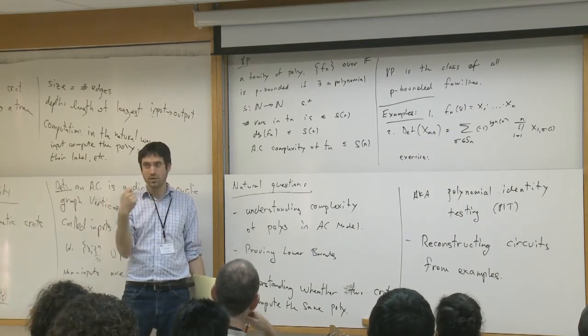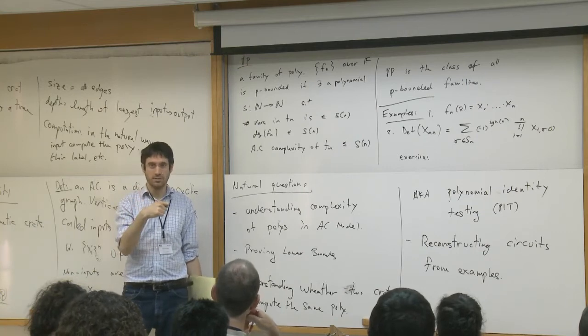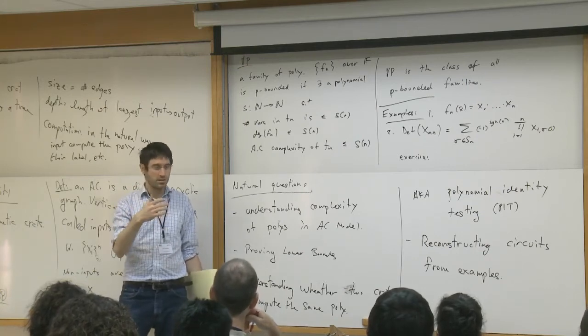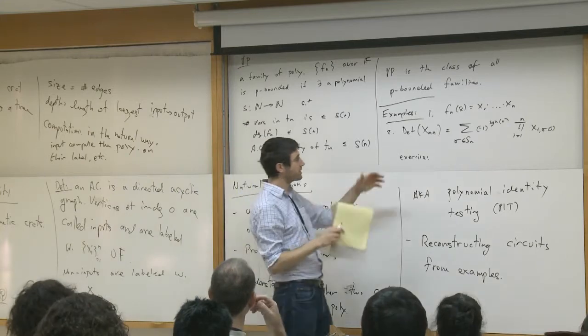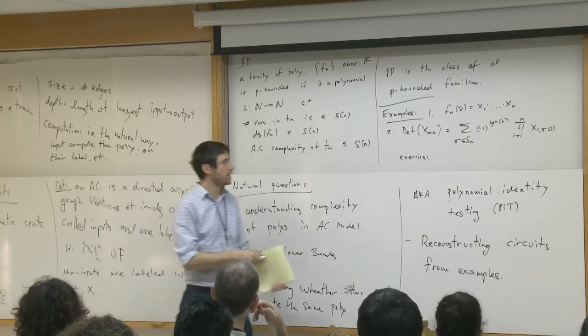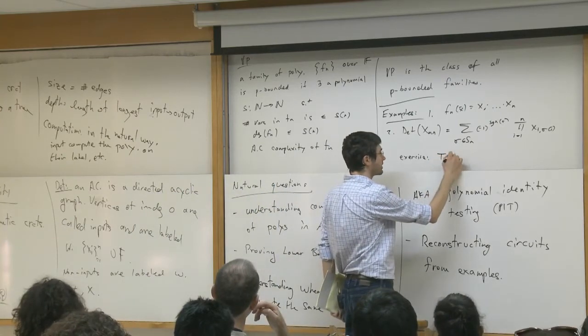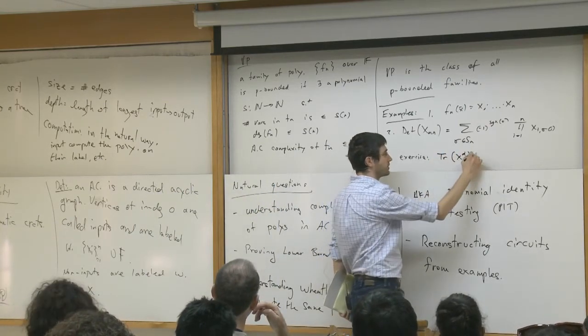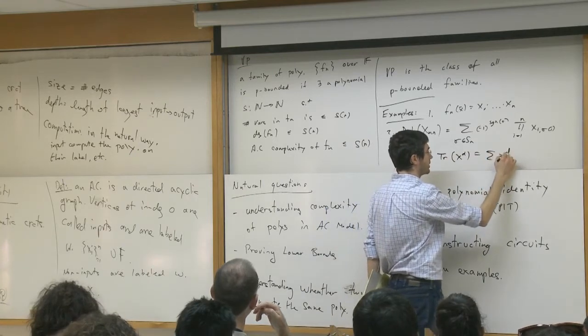There's an efficient formula to represent the product of the lambda i's from those. And just think, what is the trace of X to the d? It's basically the summation of lambda i to the d, right?